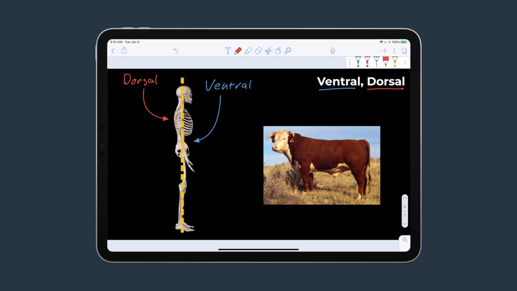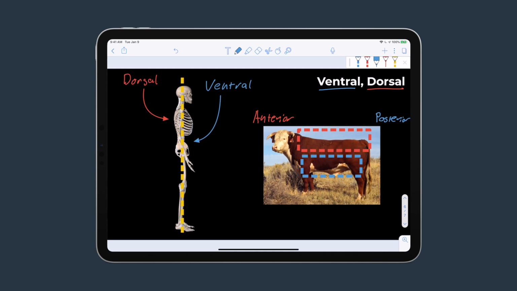So these terms exist as a distinction because on a four-legged animal, ventral is going to mean the belly side here, and dorsal is going to mean the back side or the spine side, whereas we would use the terms anterior and posterior to help us identify how an animal has a front half and a back half differently than they would have a spine side and a belly side.